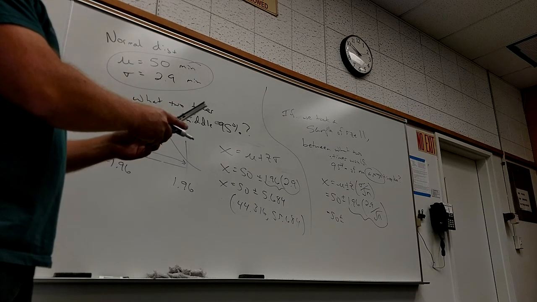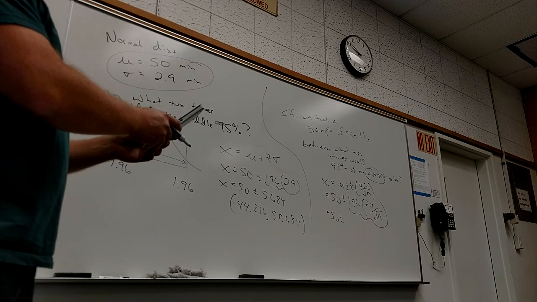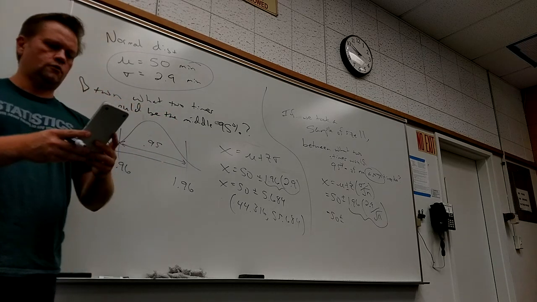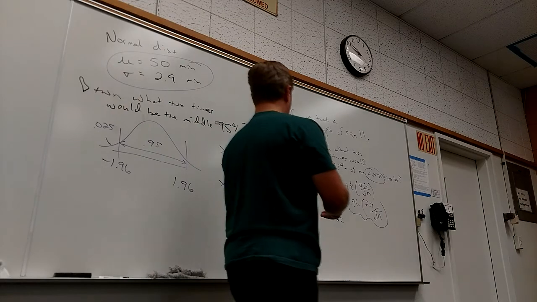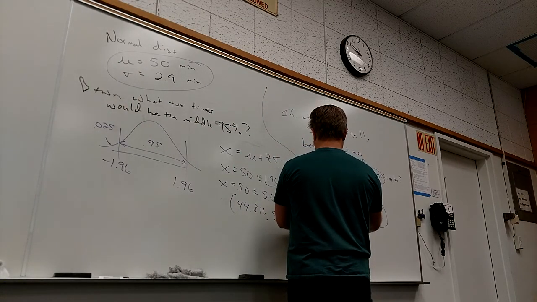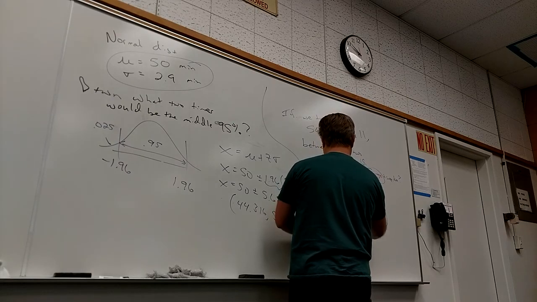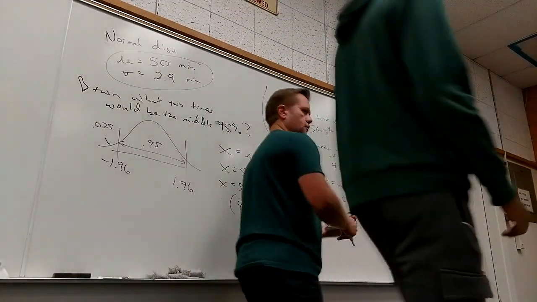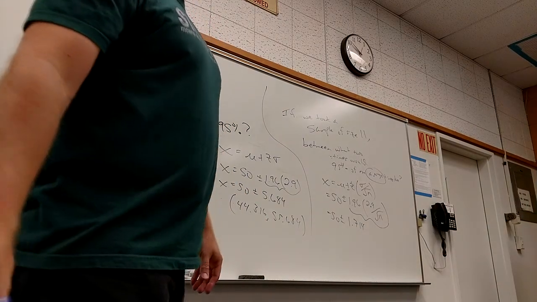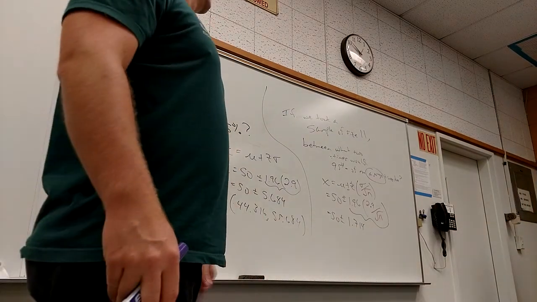What do you get? 0.874? I get 1.714. Oh, you multiplied it by that. We haven't done that yet. Okay.